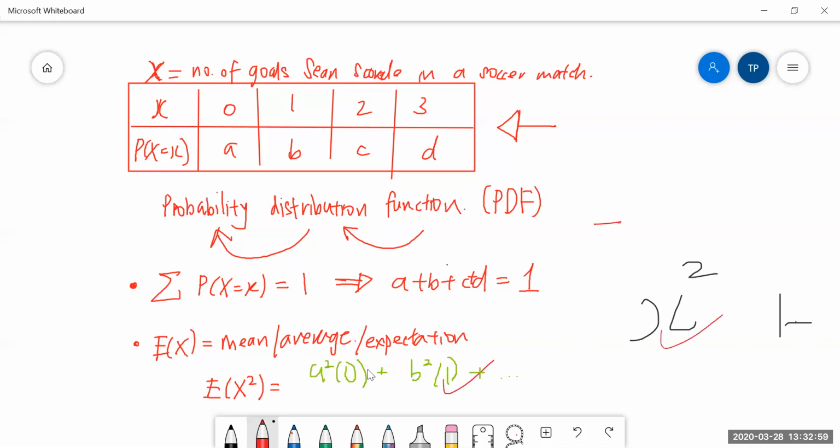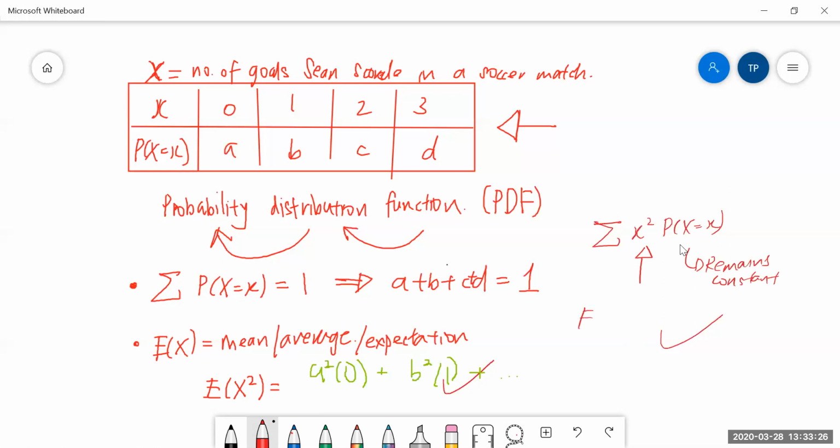So we will only be squaring the X value. This is something that some students will do. They thought that, expectation of X squared, so you square everything. No. What you are squaring is only the random variable. You do not square the probability. The probability remains constant, no matter what it is.